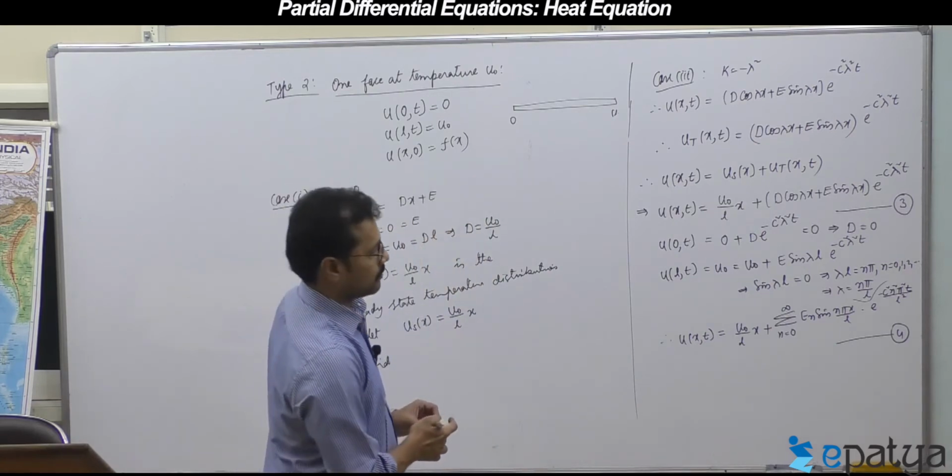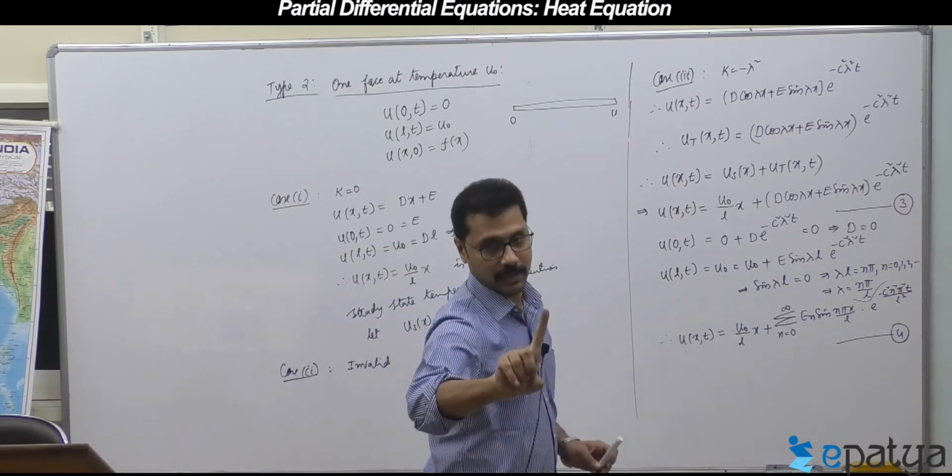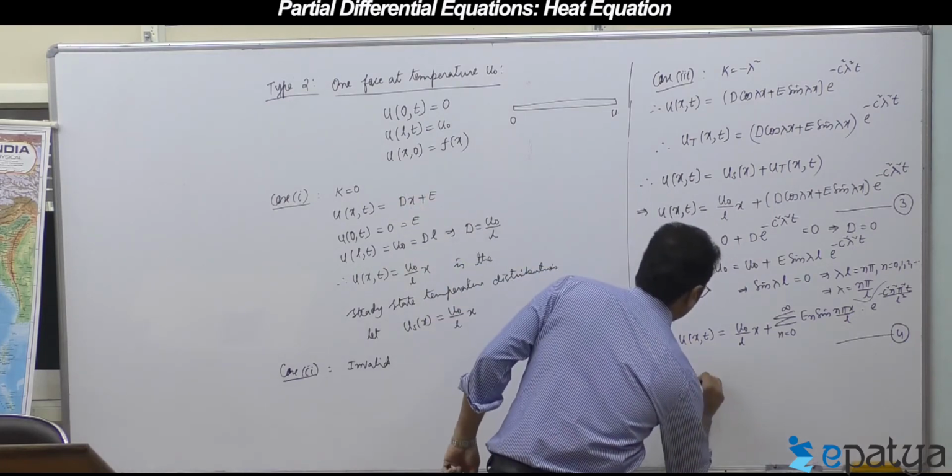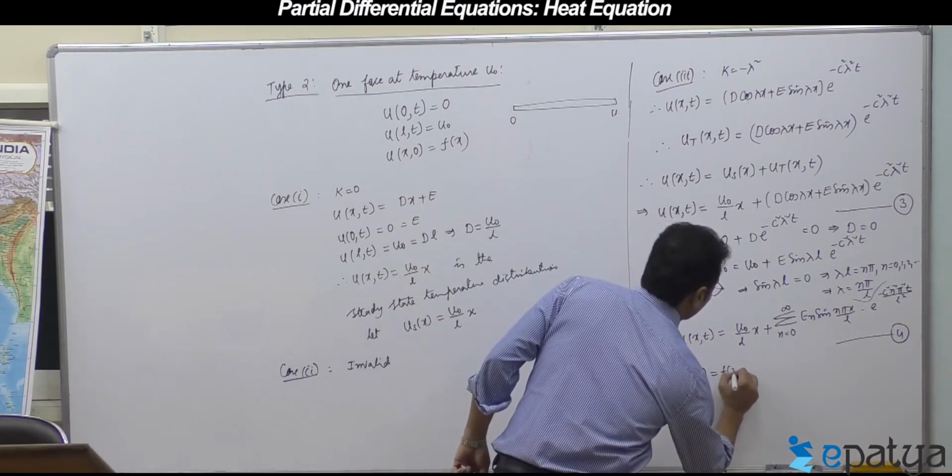One last condition: u of x comma 0 is given to be equal to f of x.